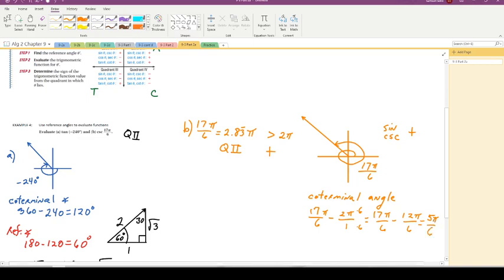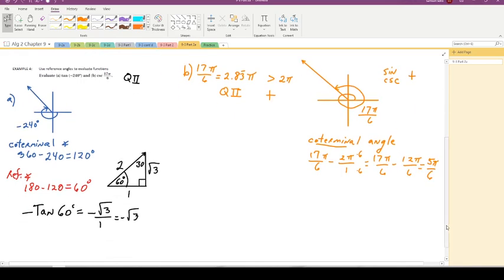But that's only my coterminal angle, and I need the reference angle in order to find the answer to my trig function. Well, what is my reference angle? Let's change the colors again.